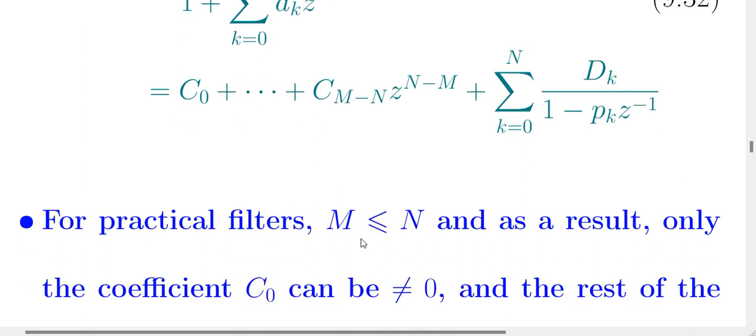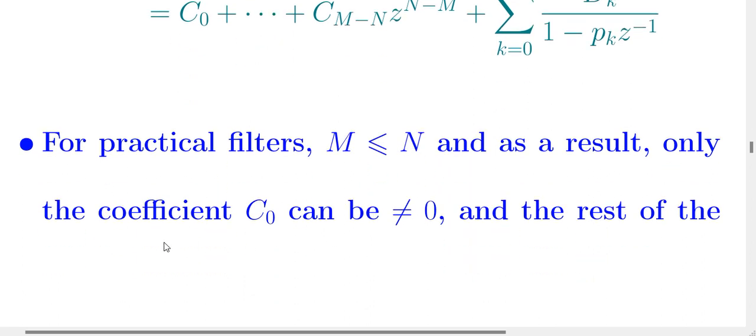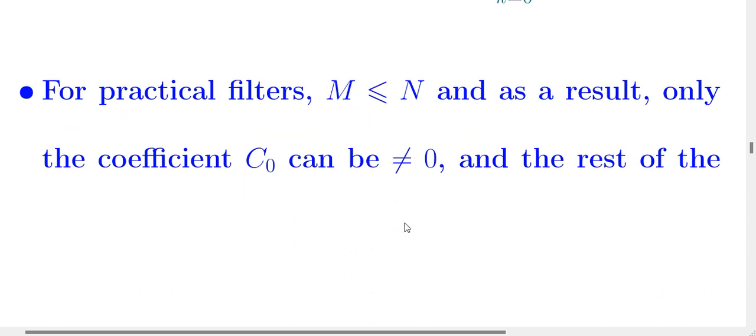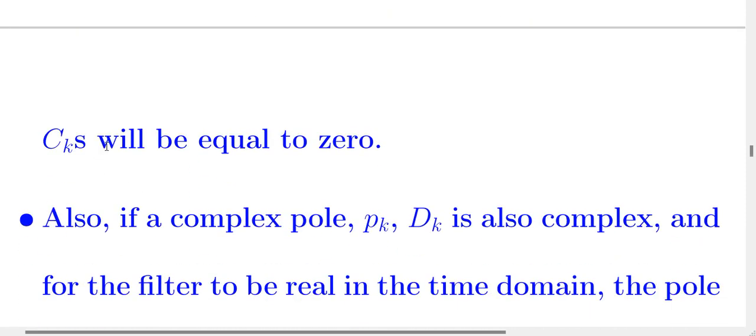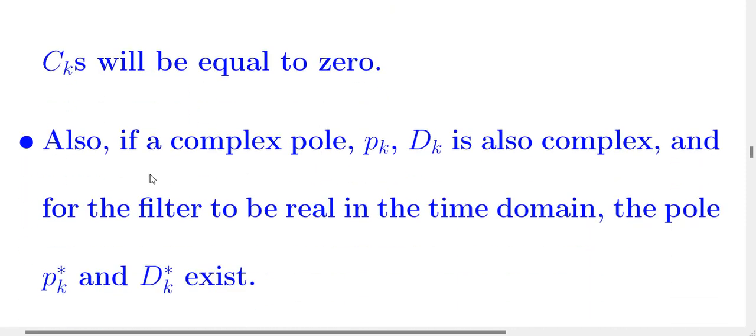For practical filters, M should be less than or at most equal to capital N, and as a result, only the coefficient c0 can be non-zero, okay? Not equal to 0, and the rest of the ck's will be equal to 0.